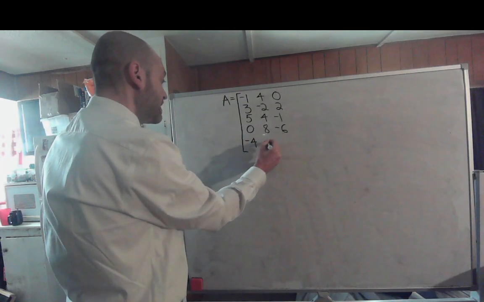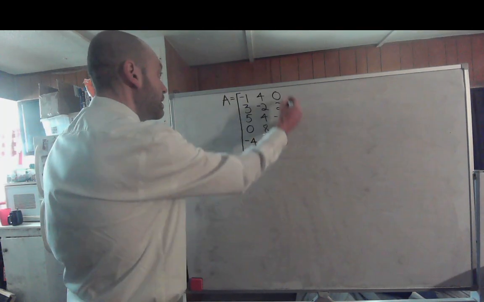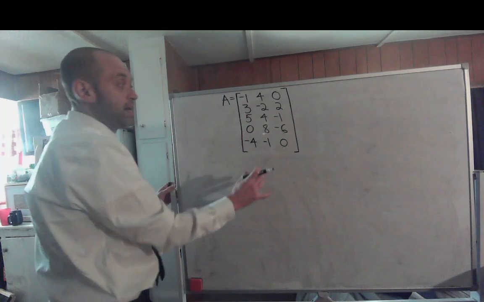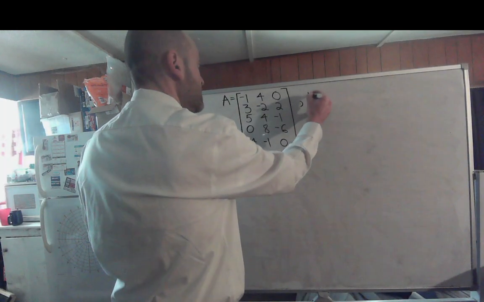Negative 4, negative 1, and 0. There's your matrix A. We have a big 5 by 3 matrix.